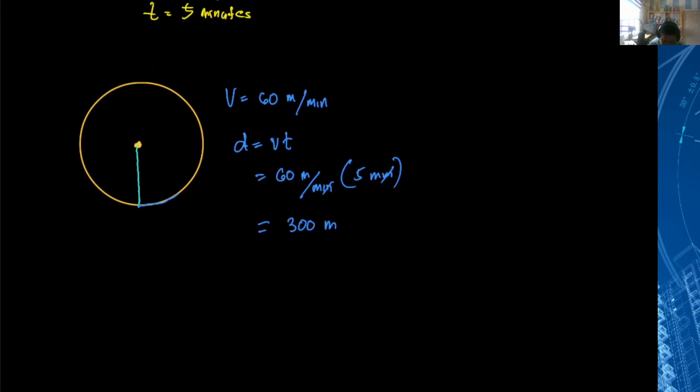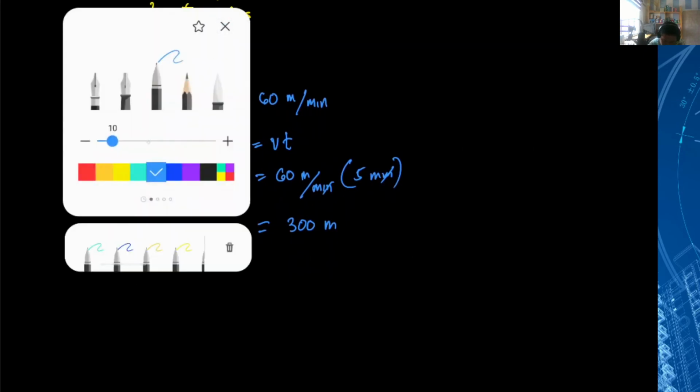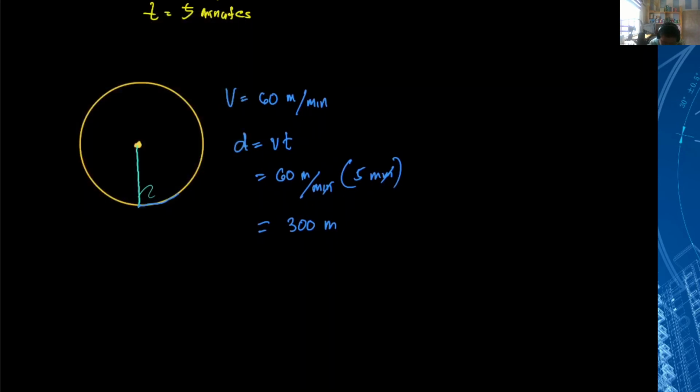So meaning A walks here. Since the radius is 800 given, around here, okay? So that is 300 meters. Okay, and also this one, B, also 300 meters, okay?